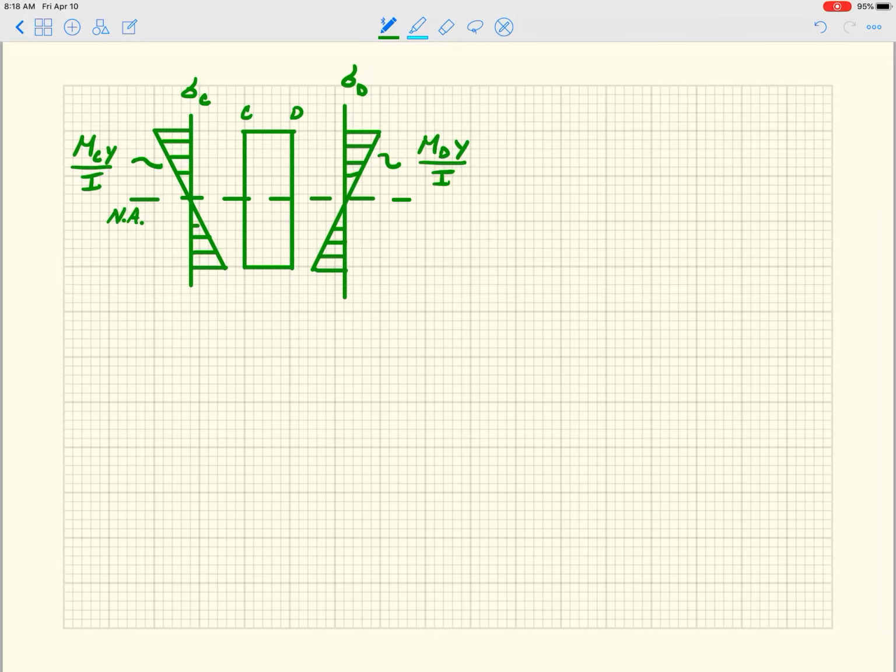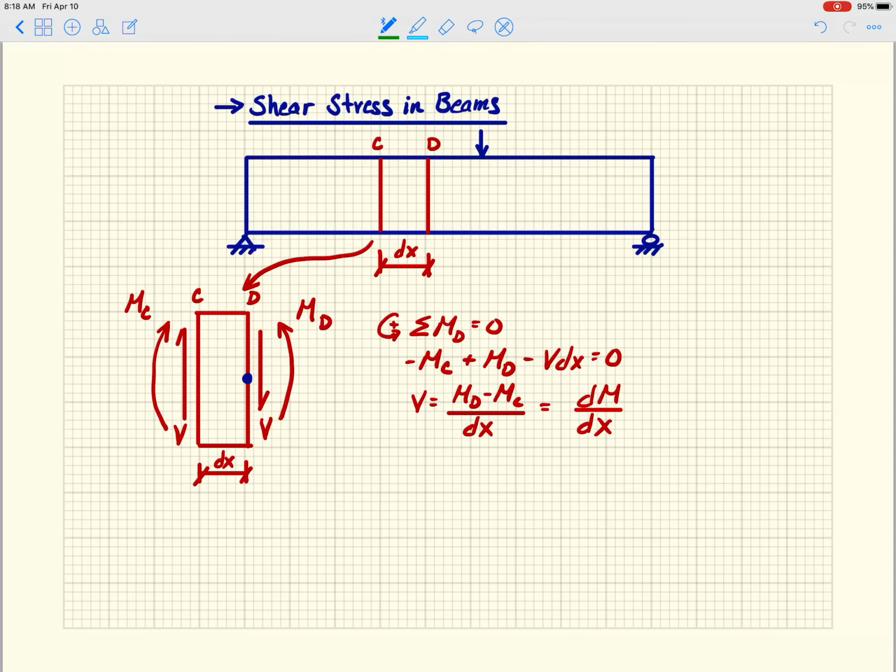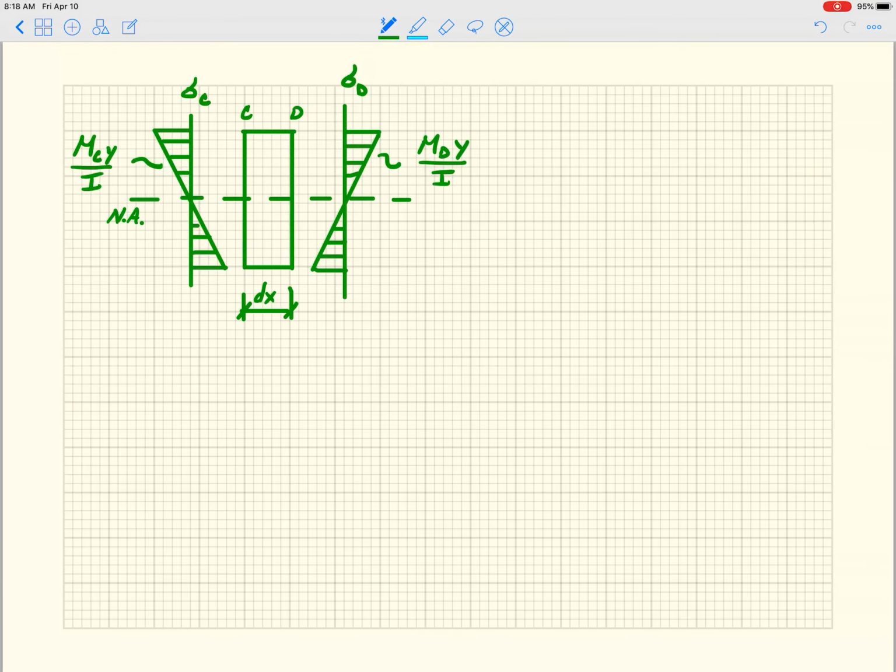You can see both of the stress distributions cross zero there, and that's sort of the definition of the neutral axis. And this guy here is dx. So hopefully everybody understands this. It's just this same diagram that we have here, but I'm pulling off those moments and showing their stress distribution. That's all that's happened here.